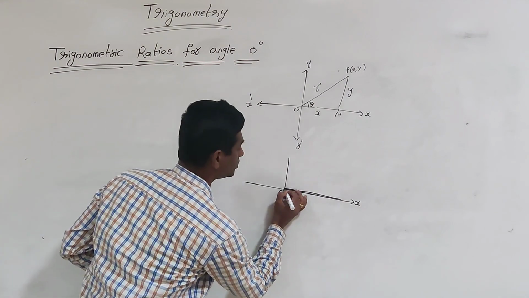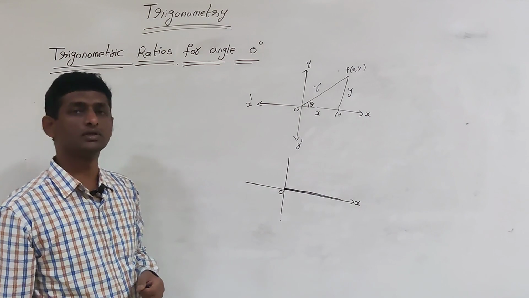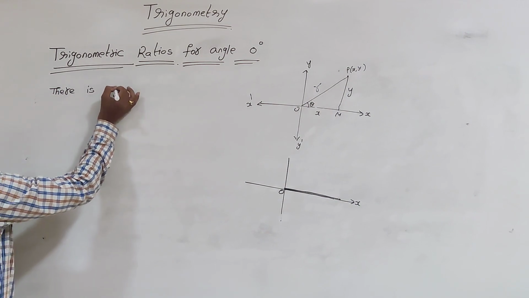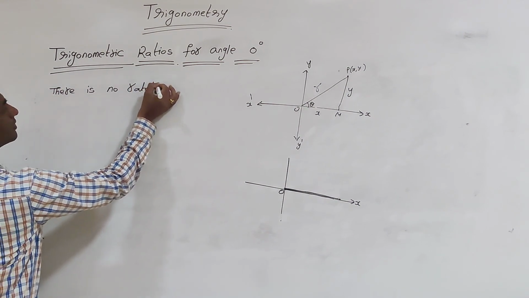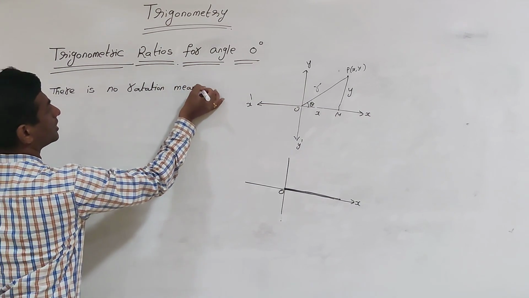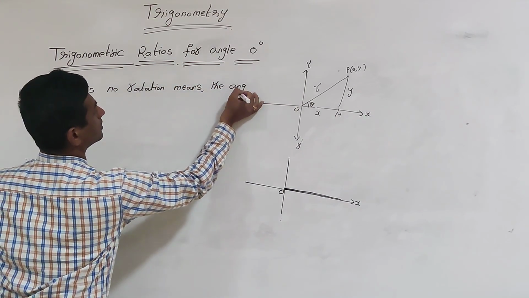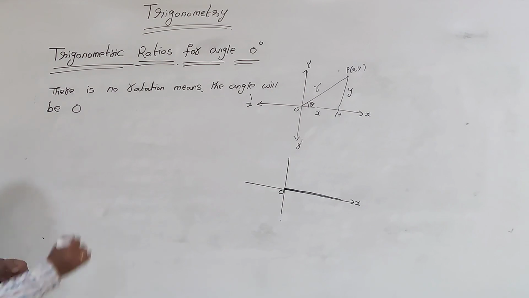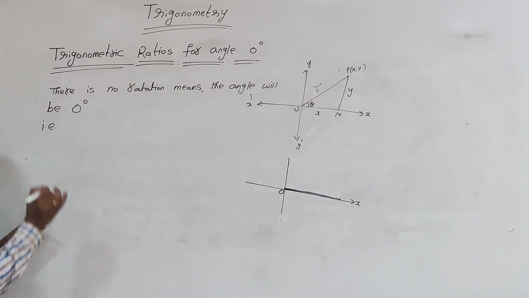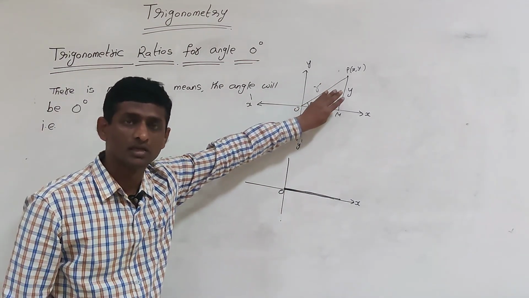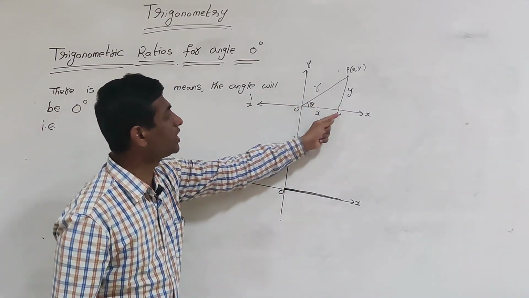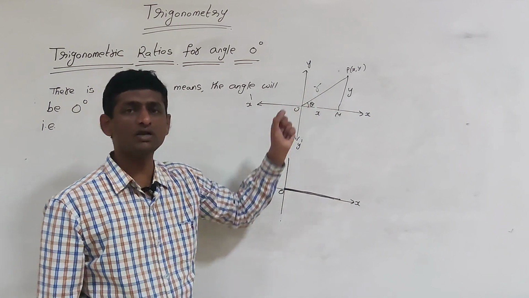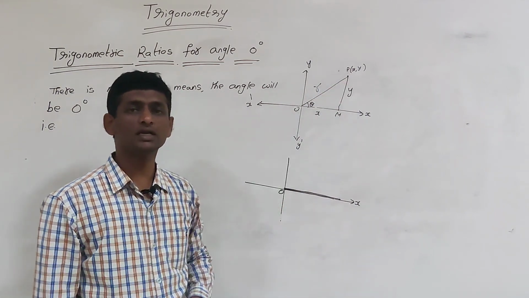As there is no rotation, the angle will be 0 degrees. Compared to the standard notation, OM and OP will be the same, so x and r will be the same and there will be no perpendicular line.